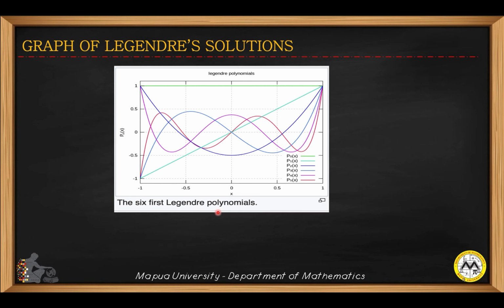These are the first six Legendre polynomials, the solutions. We have P sub 0, this diagonal line, and then we have P sub 1, and P sub 3, the blue one.